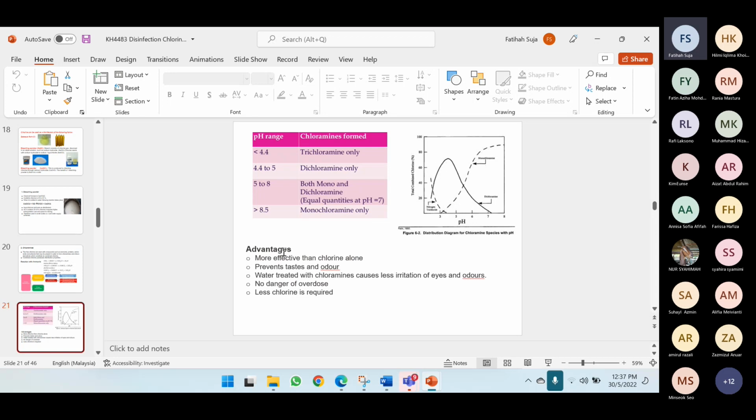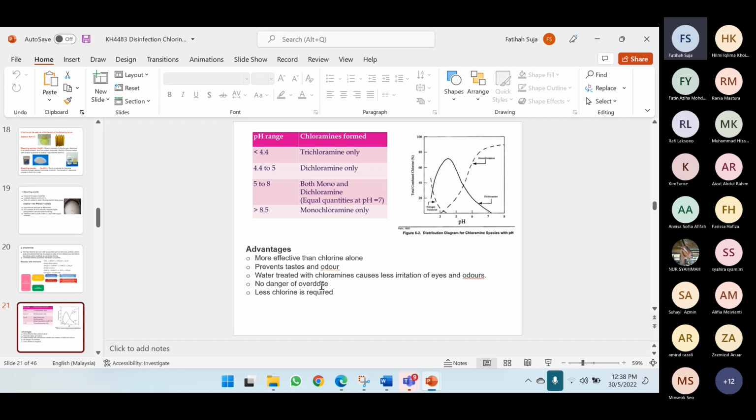So what are the advantages of using this chloramine? They are more effective than chlorine alone, and prevent taste and odor, because if you have chlorine in your water, because you need to have residual chlorine, right? You can taste the chlorine, and it is not dangerous, but it is not acceptable for you to drink water with chlorine taste.